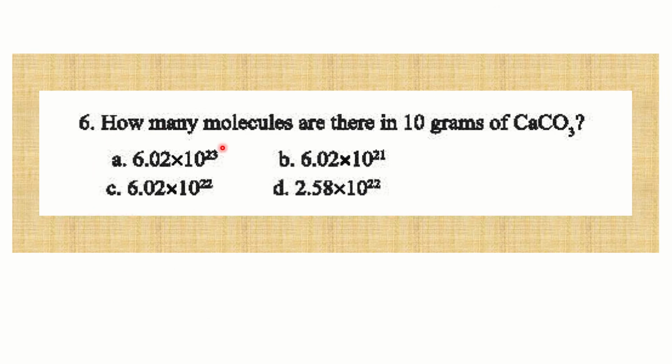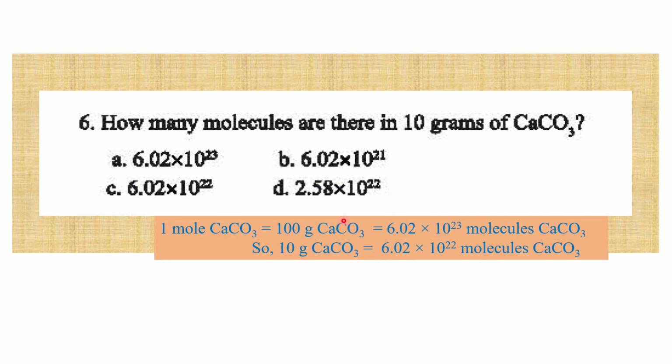Now the last MCQ, how many molecules are there in 10 gram of calcium carbonate? We know in 1 mole compound there are 6.02 into 10 to the power 23 molecules. The molecular mass of calcium carbonate is 100. So 1 mole calcium carbonate means 100 gram calcium carbonate equals 6.02 into 10 to the power 23 molecules.